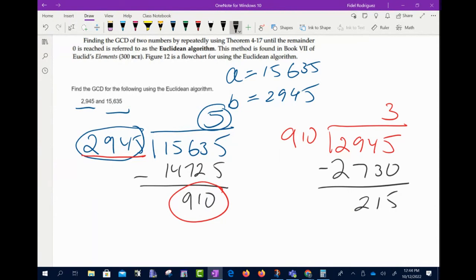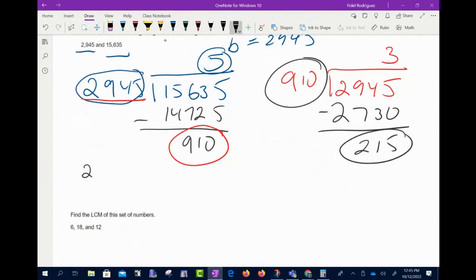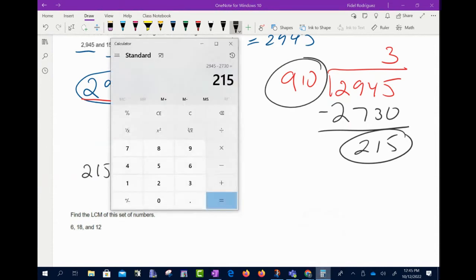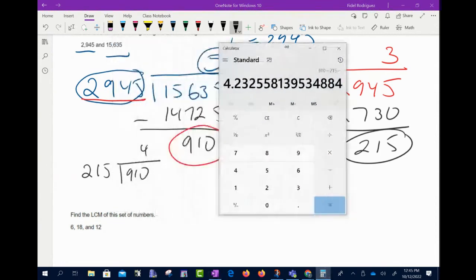I'm going to play this game again. I'm going to keep dividing. I'm always going to divide my remainder by the previous remainder, okay? So, and I'm going to tell you when it is we're going to stop, okay? So look, let's do this one more time. Let's take 910 and let's divide it by 215. Okay, again, I know it doesn't go nice and neat, but it goes in about 4 times. So I'm going to put a 4 right here, okay?